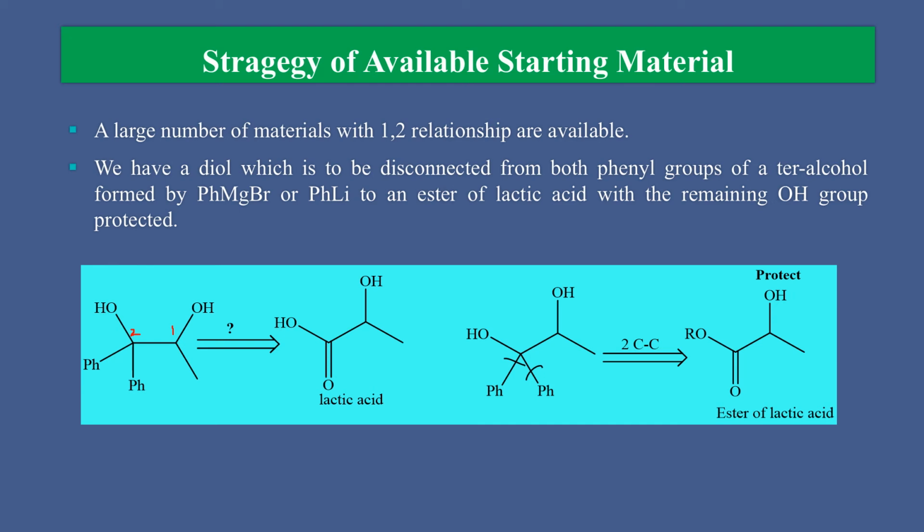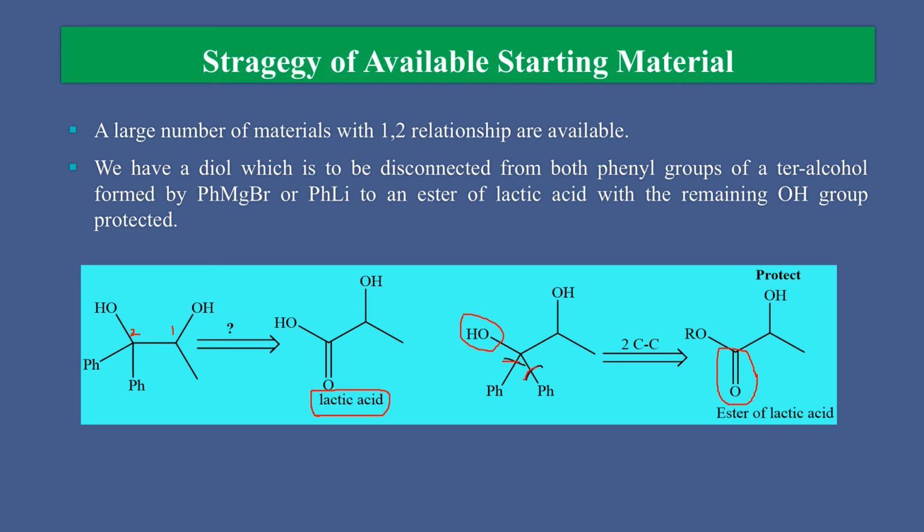How can it be prepared? It can be easily prepared by using lactic acid, which is very easily available in all the labs. When this phenyl is disconnected, I have told you that when there is a tertiary hydroxyl group, a tertiary alcohol, it is most probably prepared by using a carbonyl compound and a Grignard reagent.